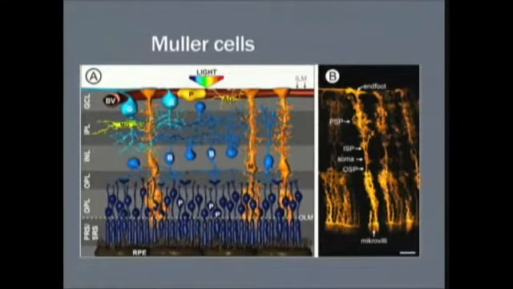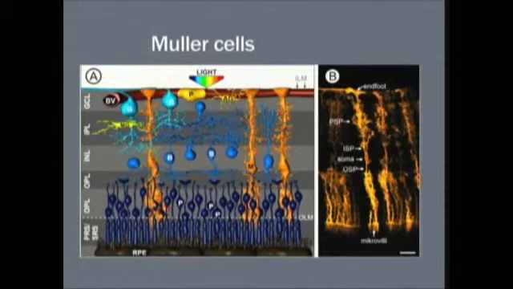These are the Müller cells. They extend from the internal limiting membrane to the external limiting membrane. So it just works as holding the retinal structures and keeping the shape of the retina.